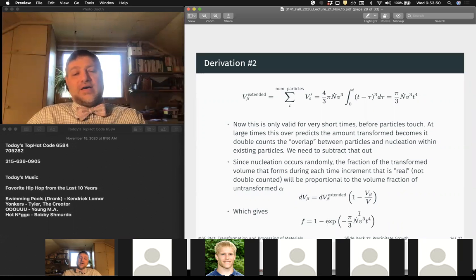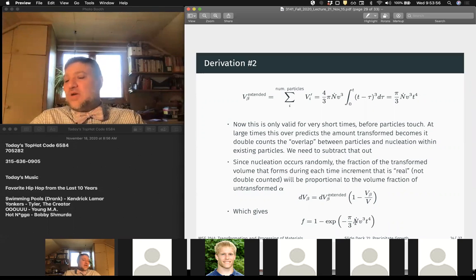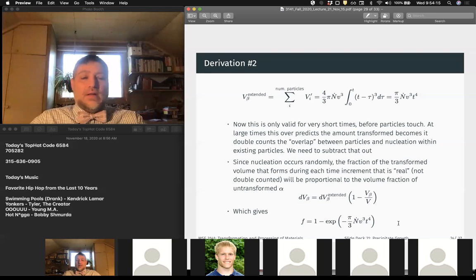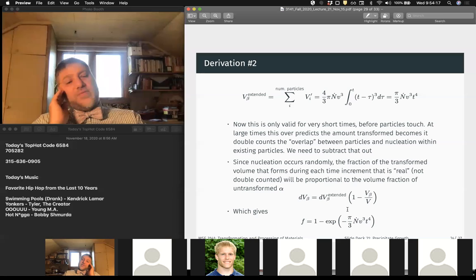It's our approximation for the exponential of small x. And at large times, this goes close to 0, so we're left with a fraction of 1.